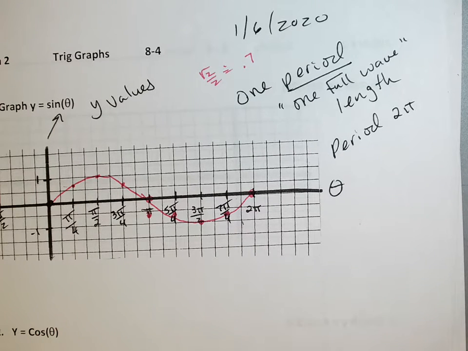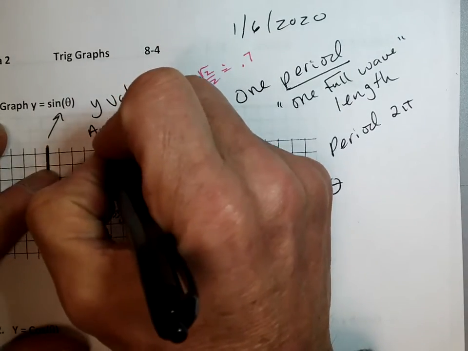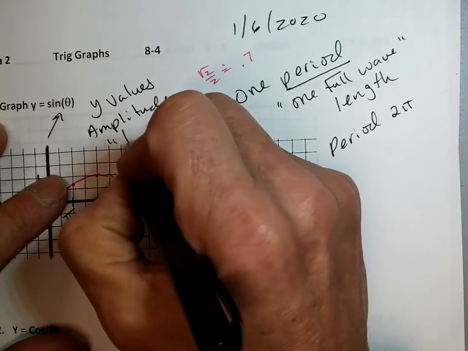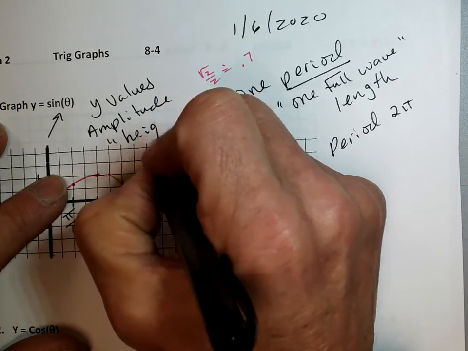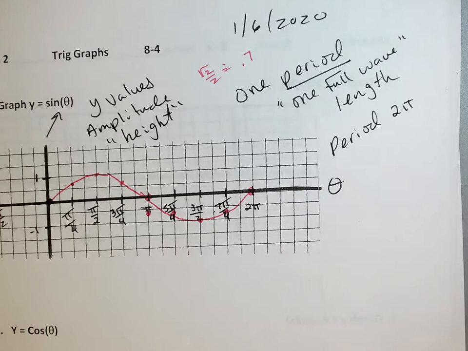Okay, now, another thing that you notice on this is there's a thing called the amplitude. The amplitude is like the height. Now, we have to be careful because the height is like this. Pretty simple. Okay, watch. This was the C, right? And this is sea level, right?